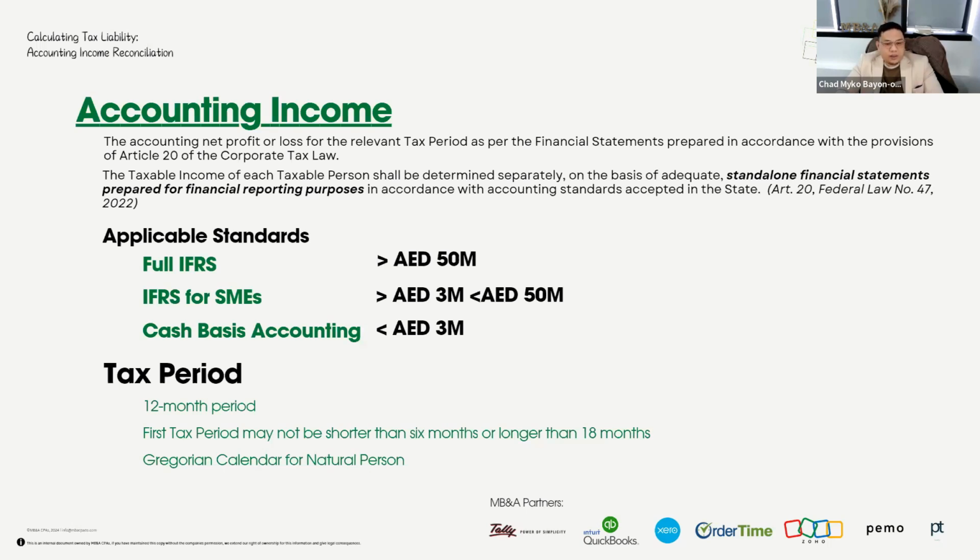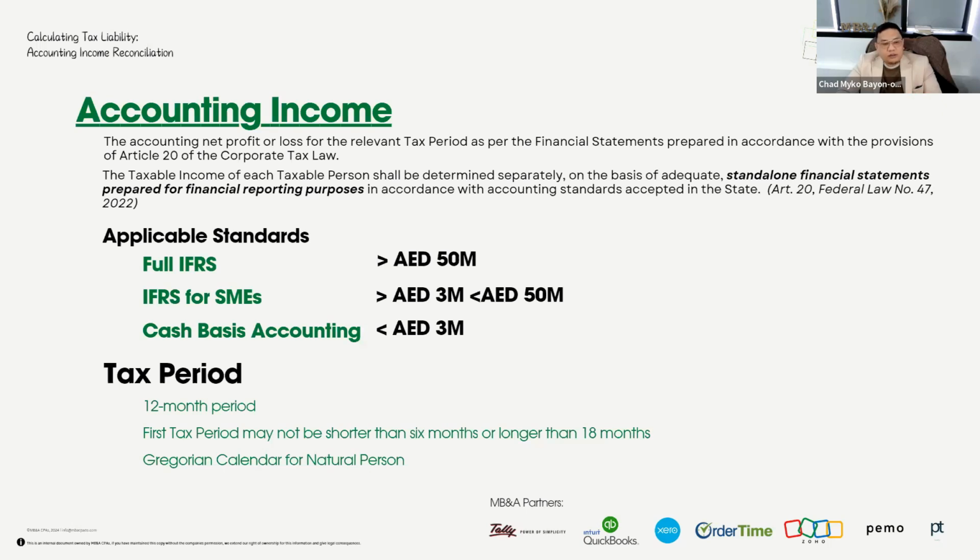Sorry, 2023. The reason being is because the law has been established and effective on June 2023, so for the period in which you have been able to incorporate your company, that's the period that you are already covered for corporate tax.